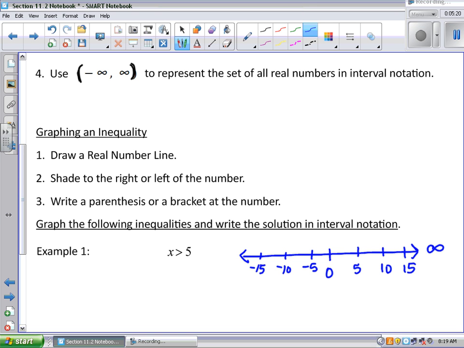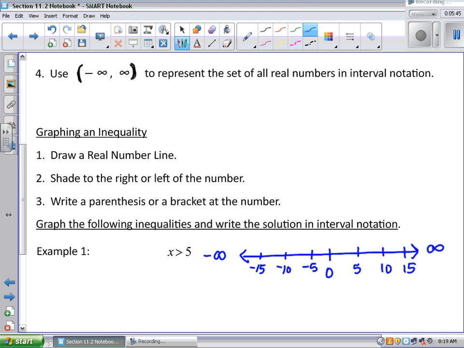And as we keep going left, we head out towards negative infinity. Now, negative infinity and infinity are not exact numbers like 5 or -10. They're kind of an idea that says keep going. So we can never be equal to negative infinity or positive infinity. So that was step 1. We've drawn our number line.